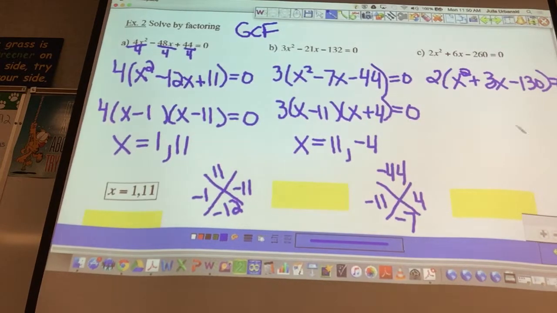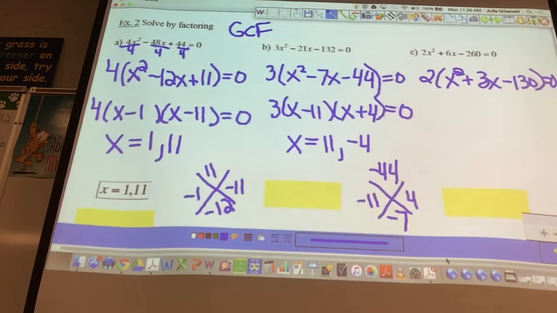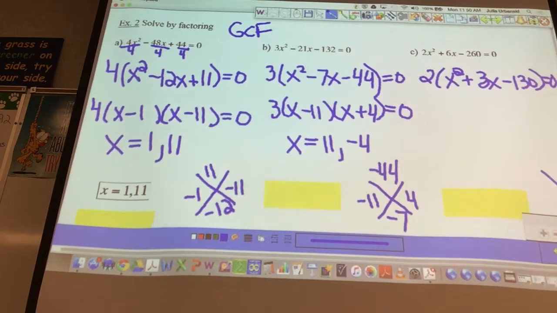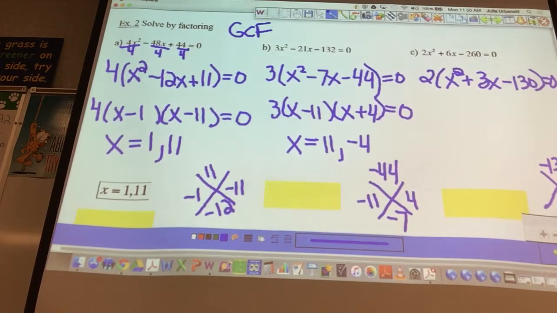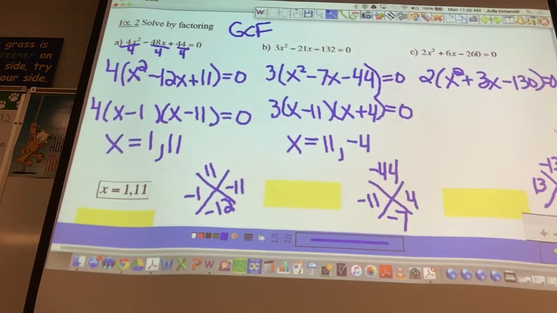I was mad at myself when I didn't think of them. 2 numbers that can multiply to be negative 130, but when you add it, you get 3. Good, 13 and 10. Which one's the negative one? 13. Good, 13 minus 10. 13 times negative 10 makes that negative 130.